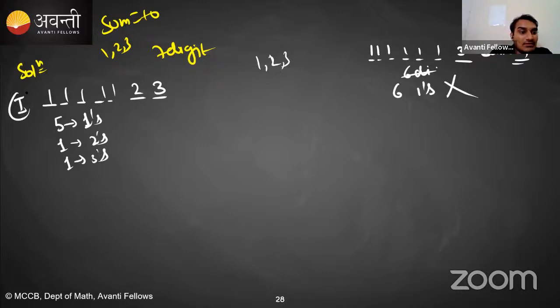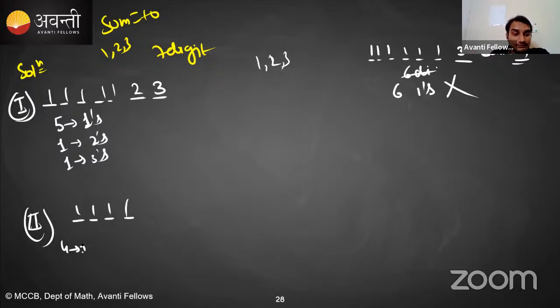So let's call this case 1. Now reduce your ones. Now let's say if there are 4 ones means 1 1 1 1. There are 4 ones. So now you are left with 3 places, right? 4 ones का sum 4 है, तो means now you have to choose 3 digits such that sum becomes 6. 1 2 3 choose already हो गया है, right?